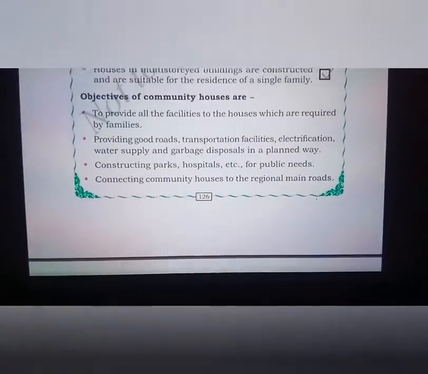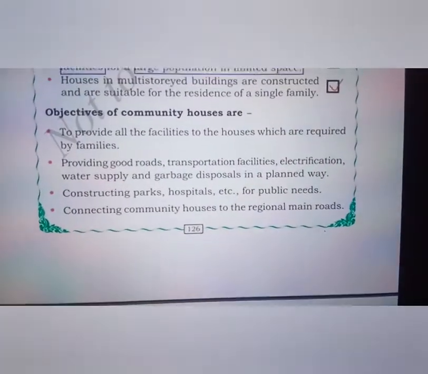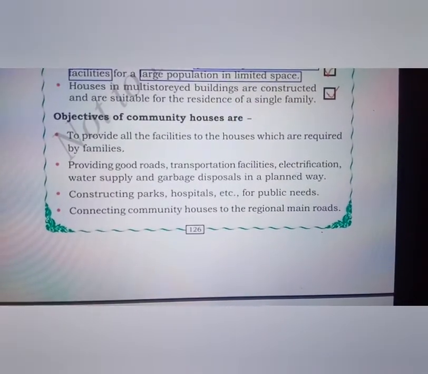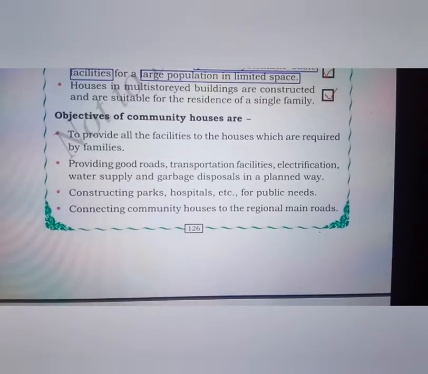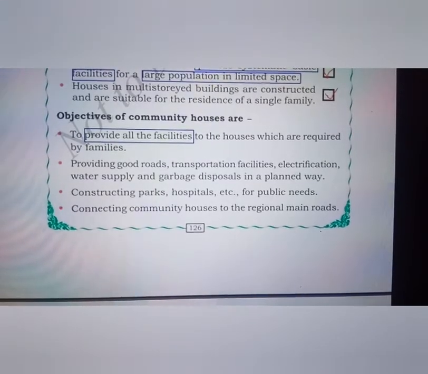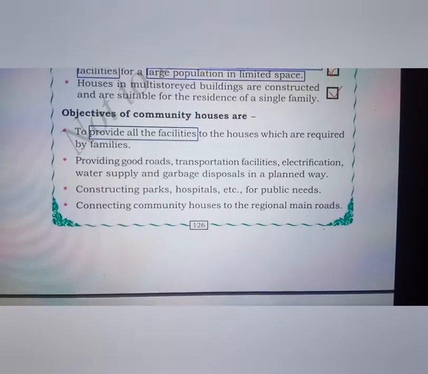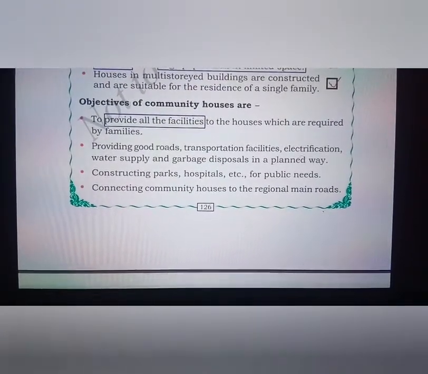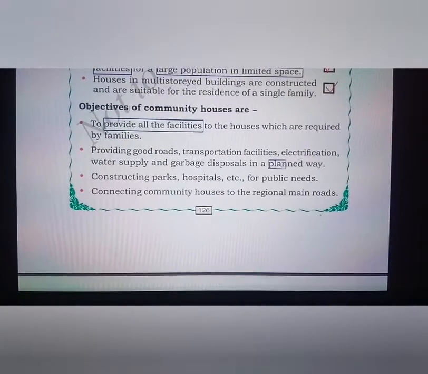Next, let us move on to the objectives of community houses. The objectives of community houses are to provide all the facilities to the houses which are required by a family. That means providing good roads, transportation facility, electrification, water supply and garbage disposal in a planned way.